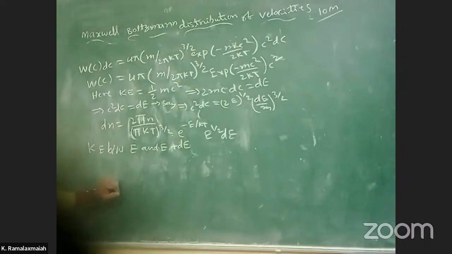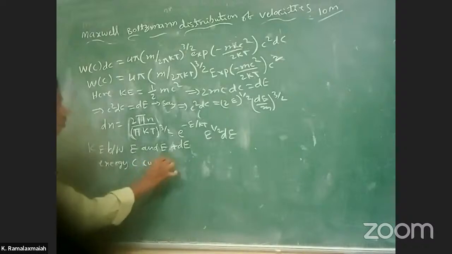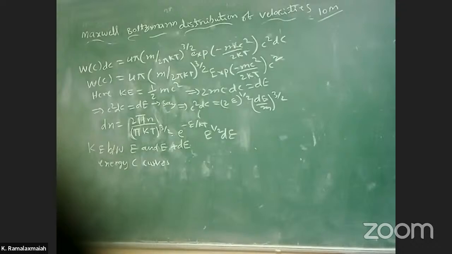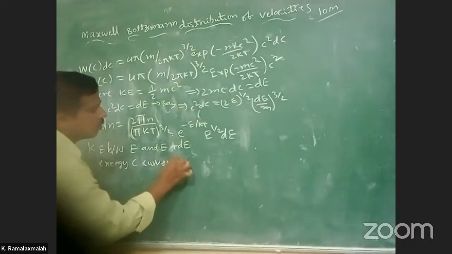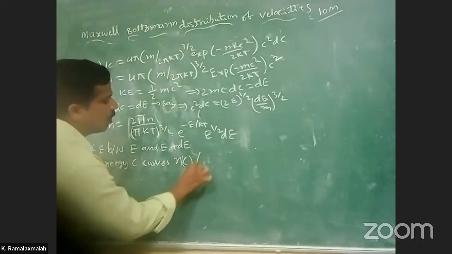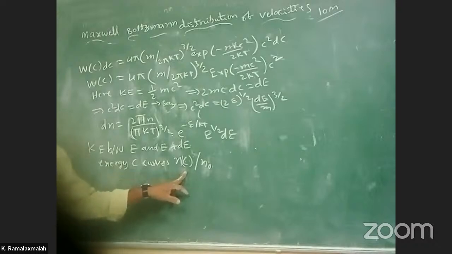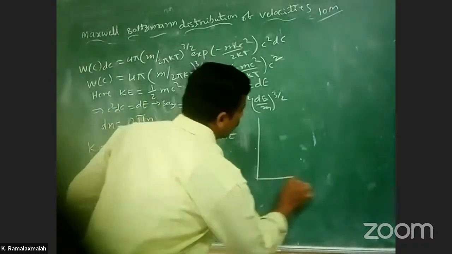The distribution of energy, the curves of n of c by n naught, gives the shape of the figure. So for example, this is the diagram.